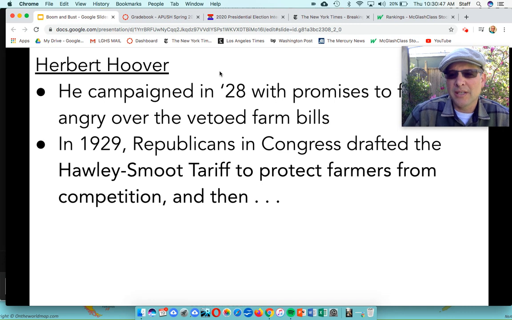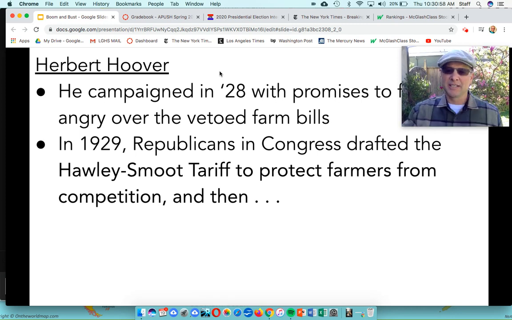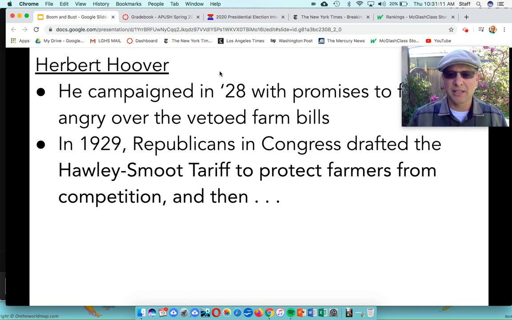Now, why would a tariff that's supposed to protect American industries cause the market to crash? Well, because everyone knew other countries would strike back. If we put a tariff on them, they'll put a tariff back on us, and we have a trade war, which is exactly what happened. So in the midst of a depression, we also had nations erecting barriers all over the world. Germany responded, France responded, everybody responded to the infamous Smoot-Hawley tariff.